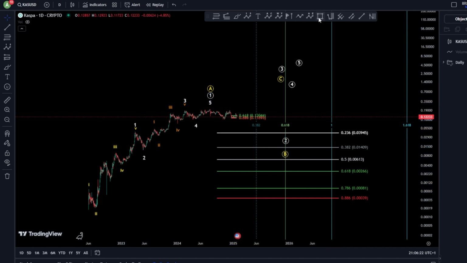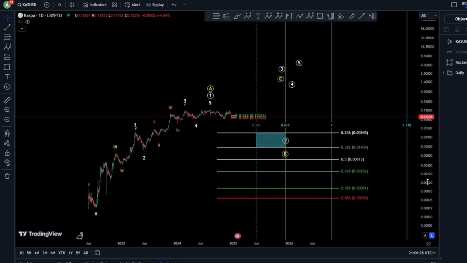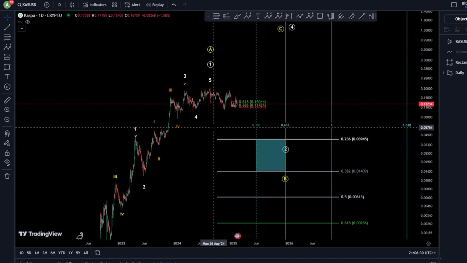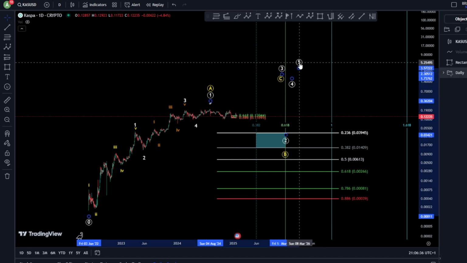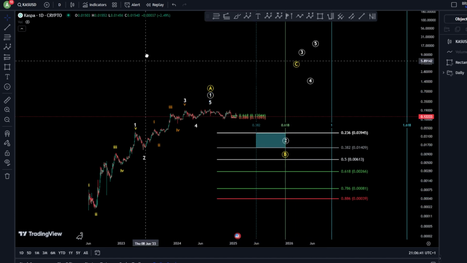So I would suggest that this blue box could be the perfect time to finish this correction for Kaspa. And then the scenario to move higher is going back massively for a wave C or a wave 3 toward the upside.